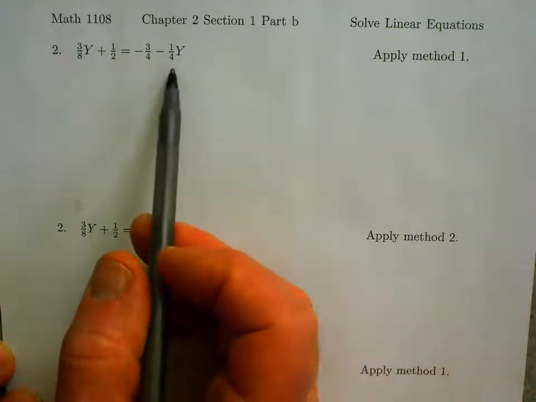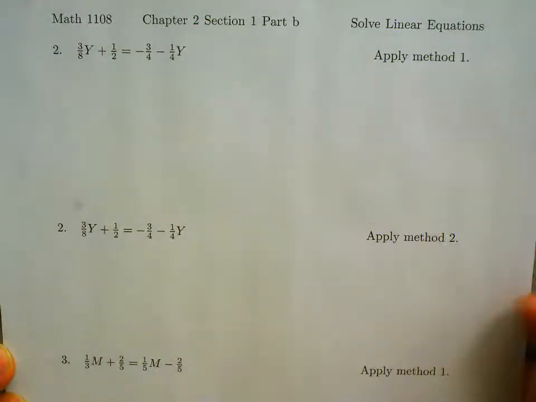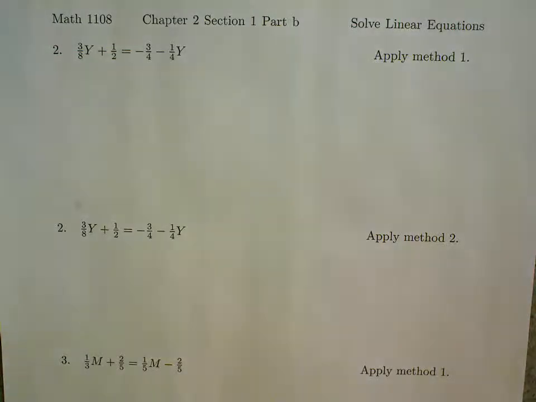So we can do a couple of things at once on this one. We can add 1/4 y to both sides, and we can also subtract 1/2 from both sides. Are we in agreement that we can do both of those in one step?